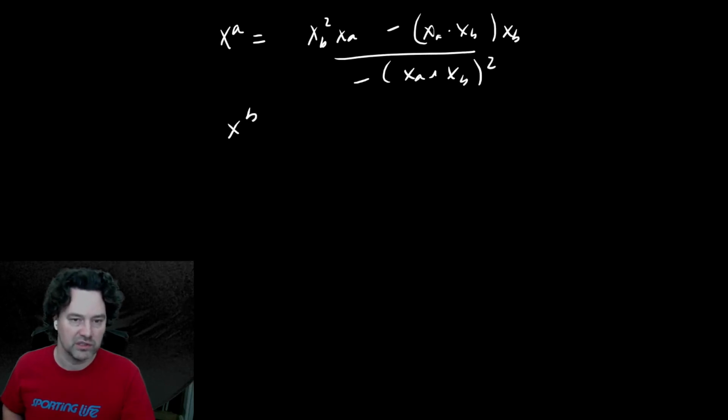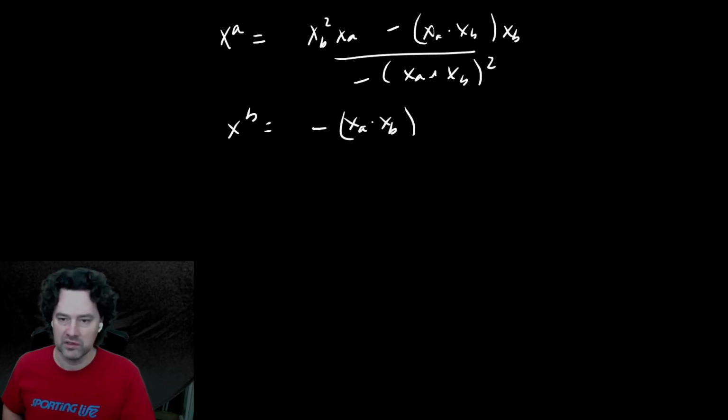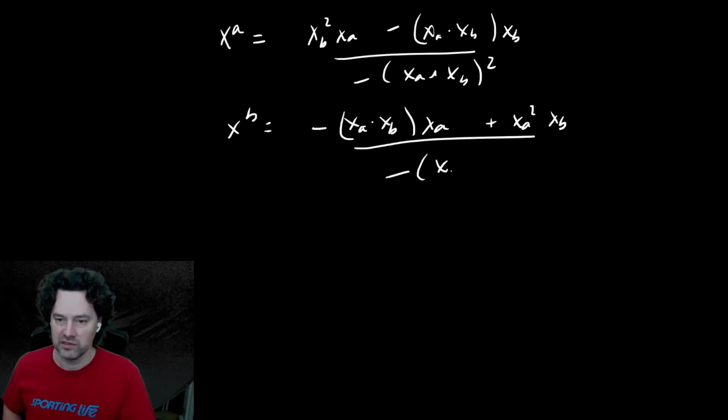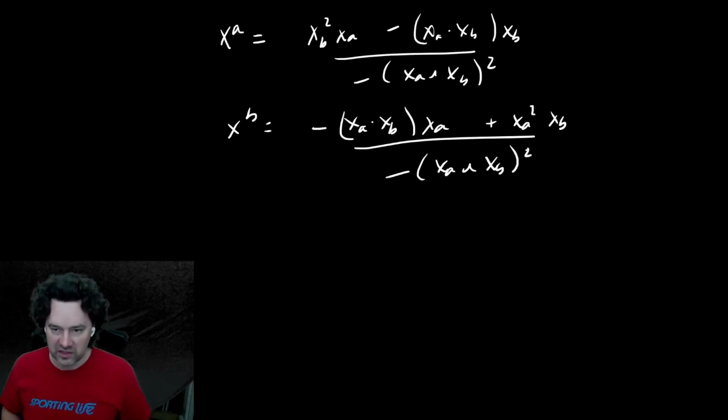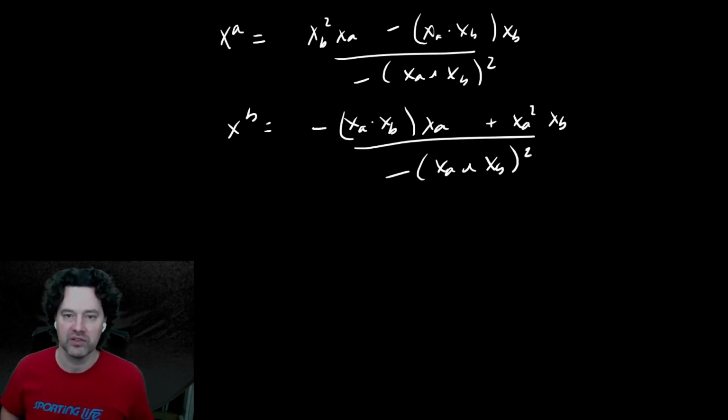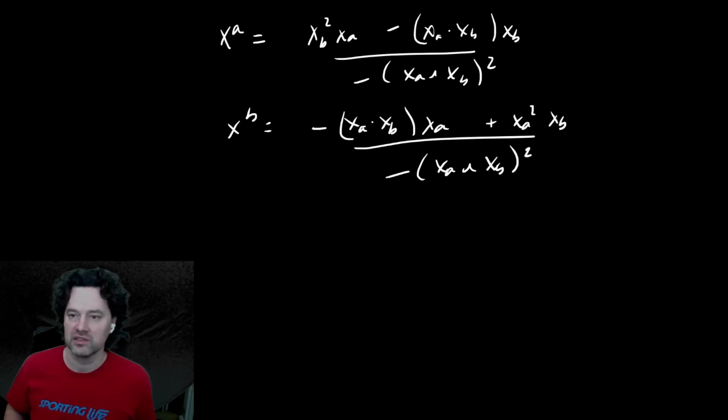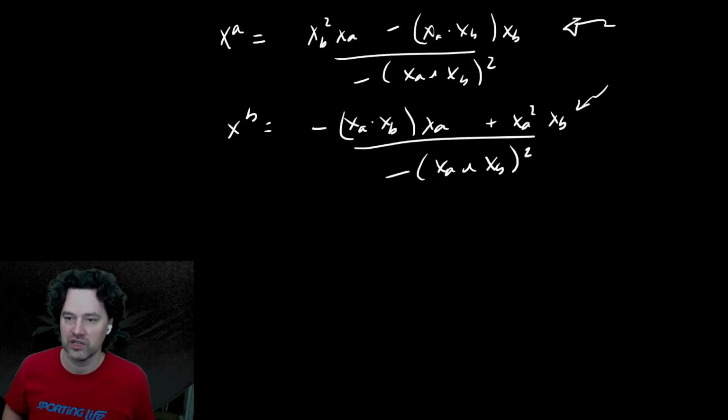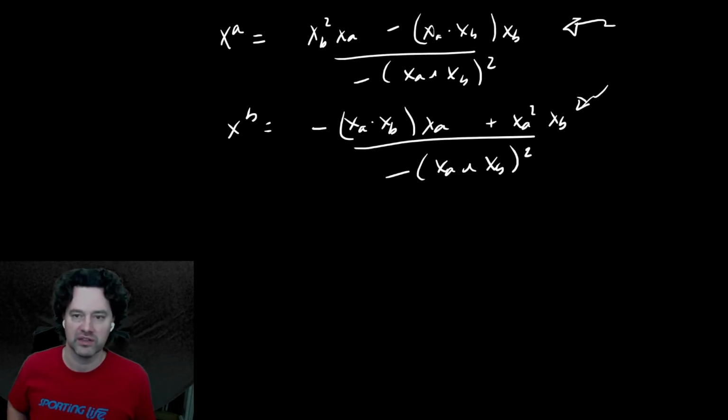And our xb reciprocal is minus xa dot with xb times xa plus xa squared xb, all over minus xa wedged with xb squared. We're starting to get some structure here. Now we can notice that this guy up here is a dot product, and this is also a dot product. So let's write that out.